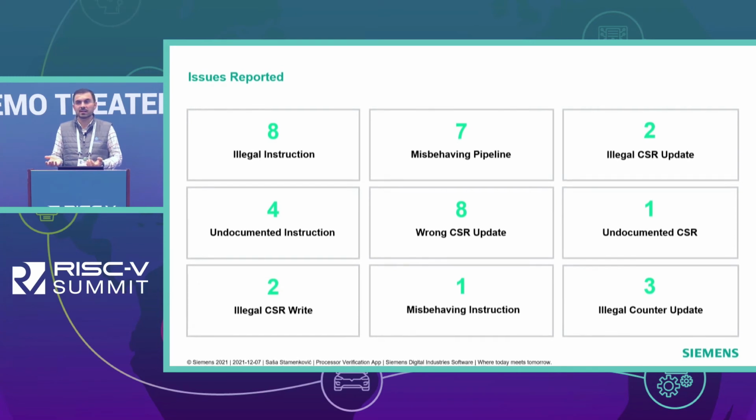The instruction was added, and it was not documented. The register for that custom instruction was not set properly. And when we reported that back to the Rocket team, they said, yeah, we didn't put it into documentation first thing, and we didn't set the status register for the custom instruction properly. Once that was fixed, we were able to reach the full coverage in terms of functionality.